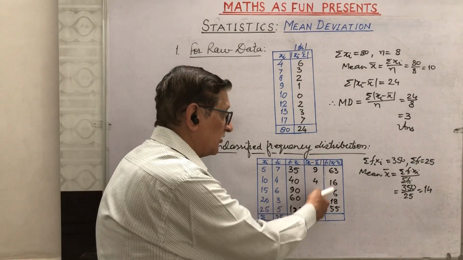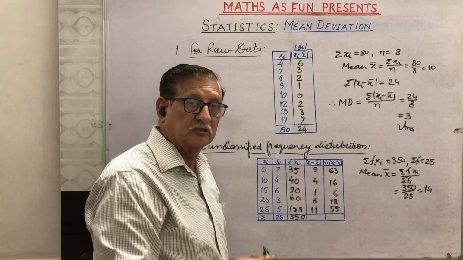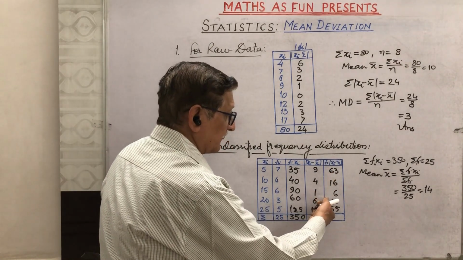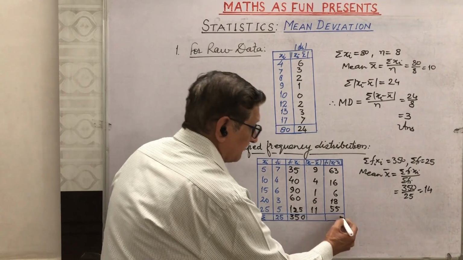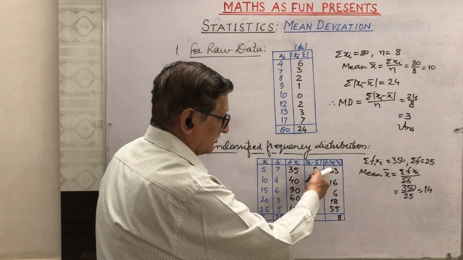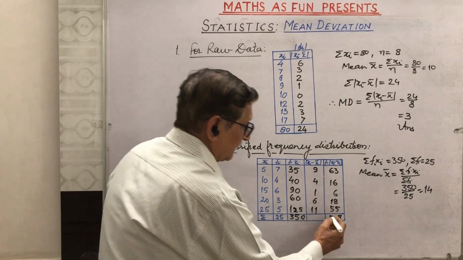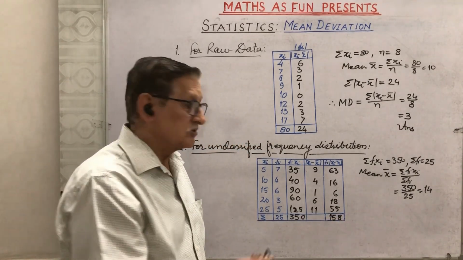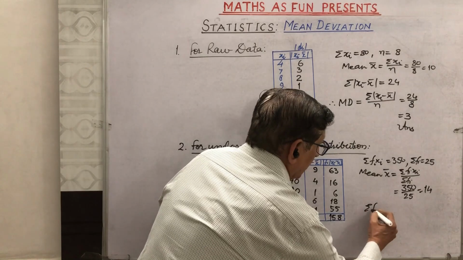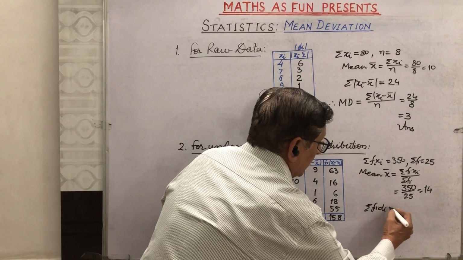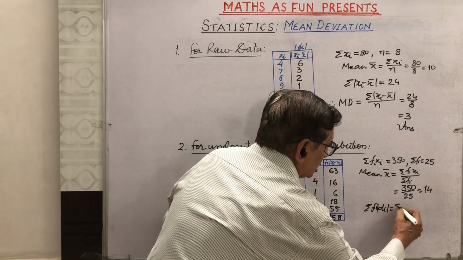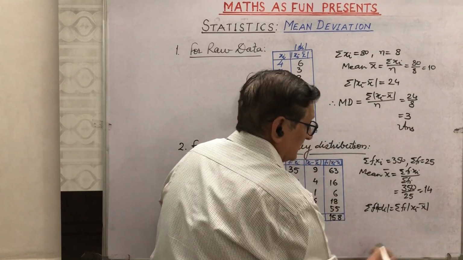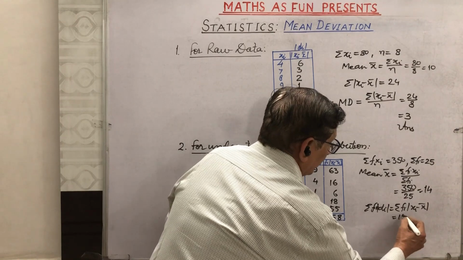Then we find the sum of these frequency into deviation, and that comes as 158. So here we are finding sigma fi into modulus of di, or we say sigma fi into modulus of xi minus x bar, that is equal to 158.